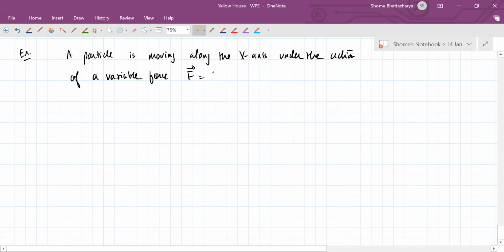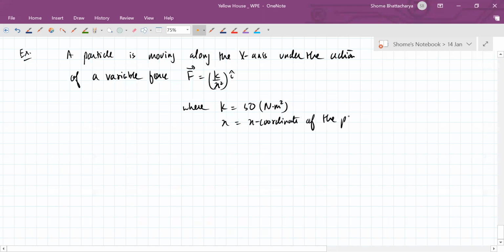equals k by x square, okay, where k is a constant of, let us say, 50 Newton meters square, and x is the x coordinate of the particle.